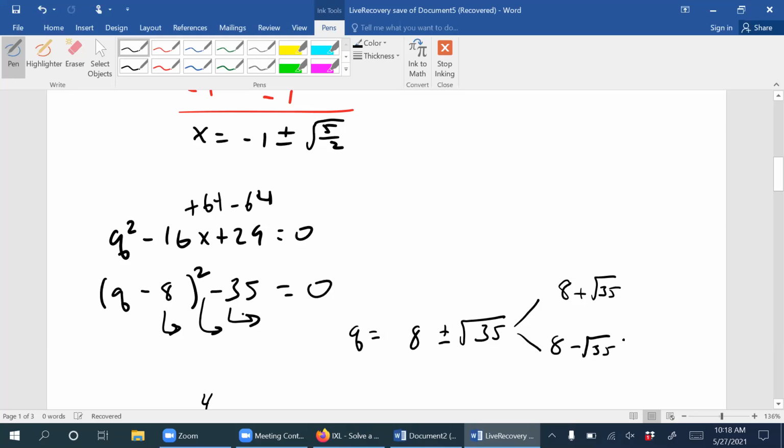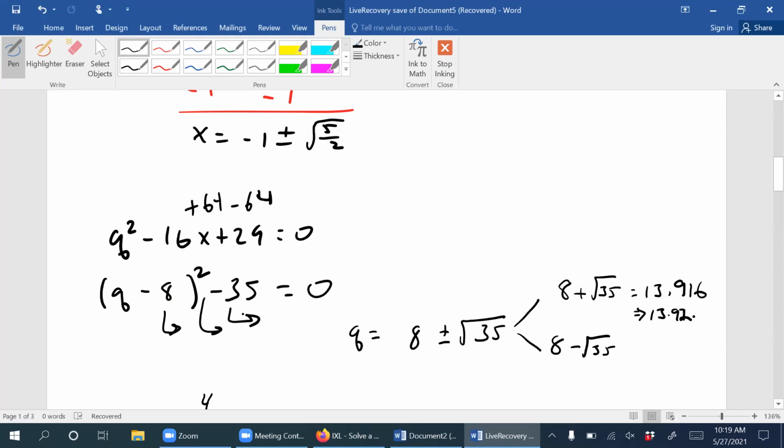So I'm going to take my calculator and plug that in. On my calculator, 8 plus the square root of 35 is 13.916, which I'm going to round up to 13.92.